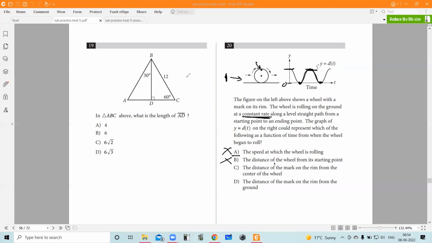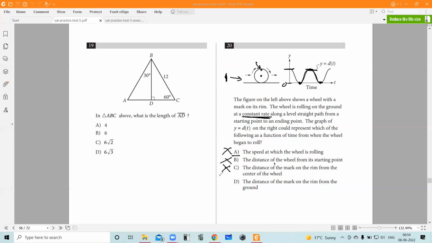All right. So what about C? Probably not C, because it's going all the way down to 0, and the center of the wheel is never at 0. And the distance of the mark on the rim from the center of the wheel is the same, it's not changing.